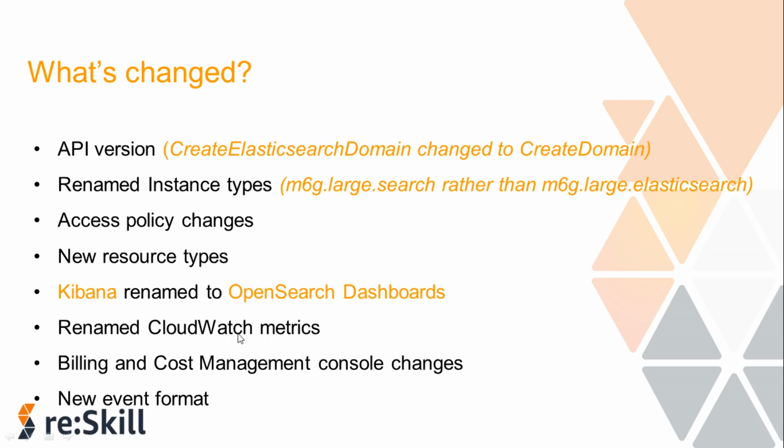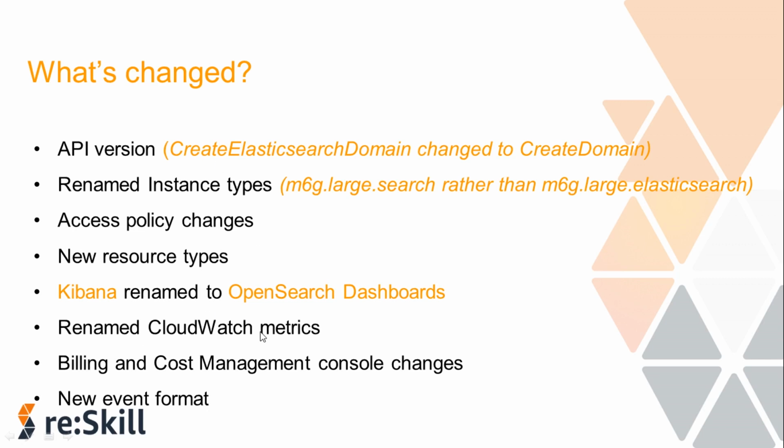Also in the billing and cost management console, the past data will continue to use the same names, but the new data will be stored in the new formats that have been launched. And also there are new event formats, that is the format of the events that OpenSearch will be sending to CloudWatch events, which is now EventBridge.